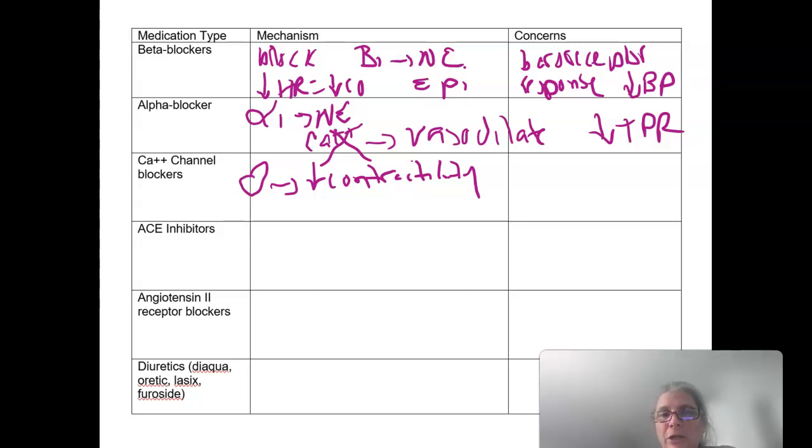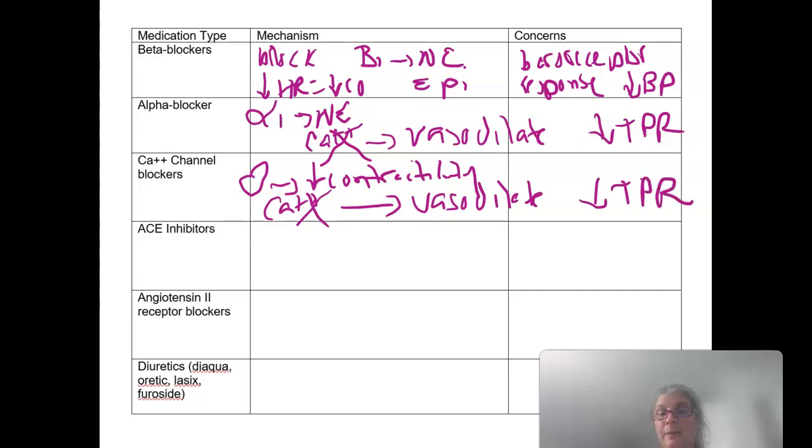But they mainly use them because they block that calcium channel. So again, if calcium can't bind to that alpha-1 receptor, we're going to vasodilate our blood vessels and we're going to decrease TPR. So because they affect the heart and the blood vessels, you might not necessarily want to decrease contractility, but they're really good to open up the blood vessels.